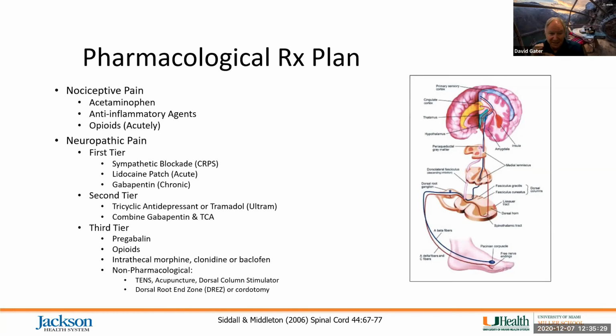Then we move on to the third tier. If the person is still experiencing significant pain and or symptoms, that is autonomic dysreflexia and spasticity, consider pregabalin, consider opioids, intrathecal morphine, clonidine, baclofen, and then non-pharmacological strategies as we move forward with this.